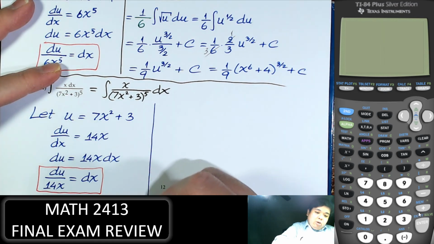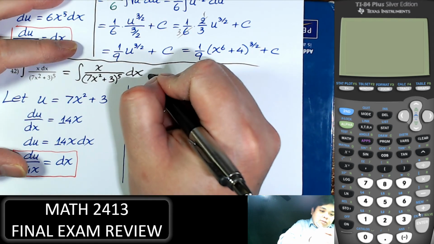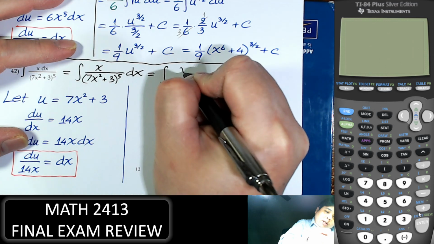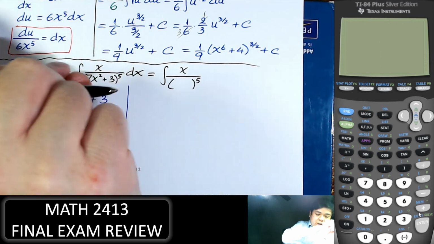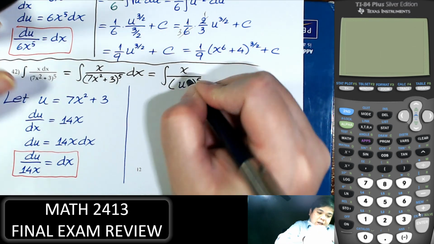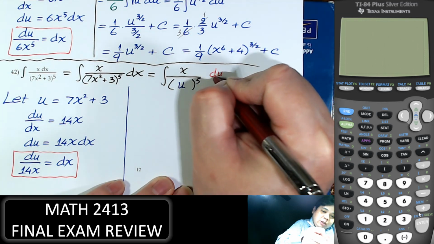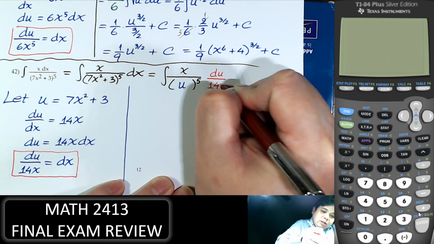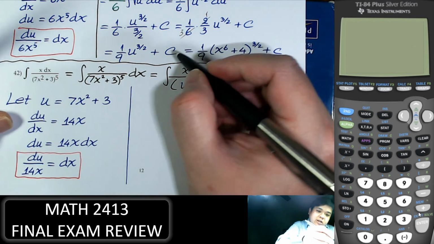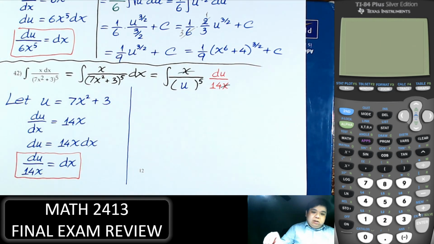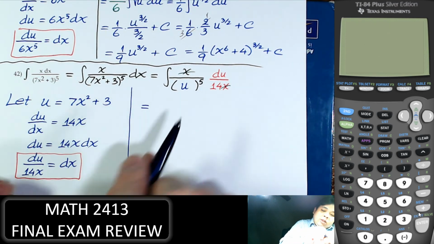Right, now we have all the recipe for the substitution. Still x on the top, the bottom though to the fifth. We have u, and dx is du by 14x. Cancel out the x. And there's a 14, right?